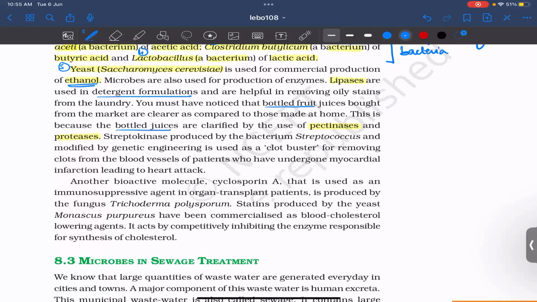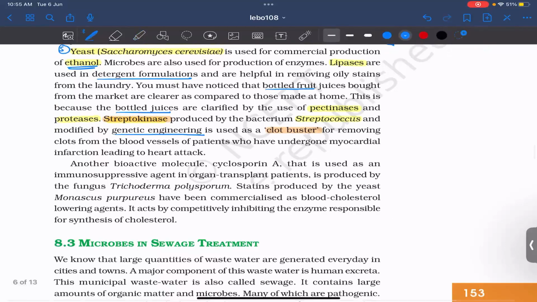Next we have streptokinase. Streptokinase is produced by the bacterium Streptococcus and is modified by genetic engineering, and it is used as a clot buster for removing clots from the blood vessels. This is very important; you need to remember this. Streptokinase, the clot buster, is used to treat myocardial infarction.